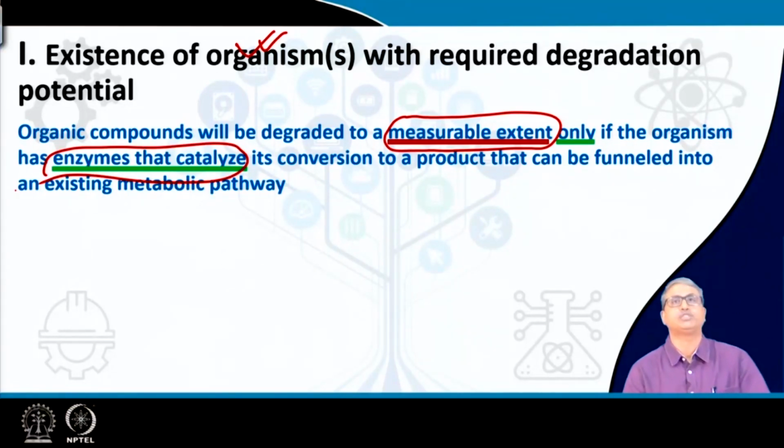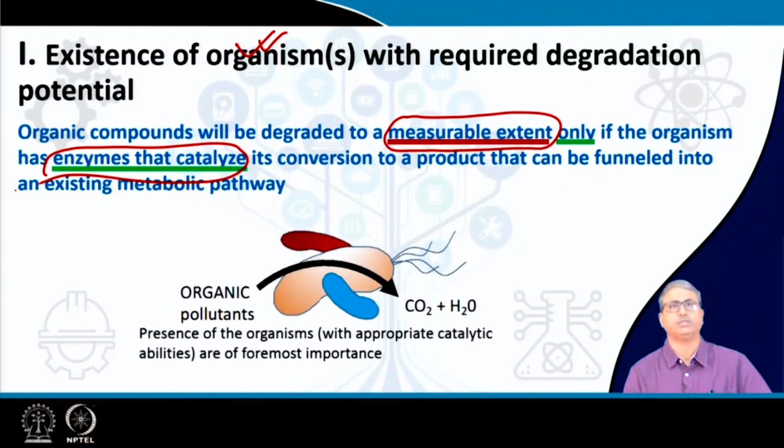The compound has to be converted to some kind of product, like in the previous slide I have drawn, the product G or the metabolic outcome of all the reactions of the benzene degradation or the phenol degradation, like pyruvate or acetate, which will be funneled into the existing metabolic pathways.